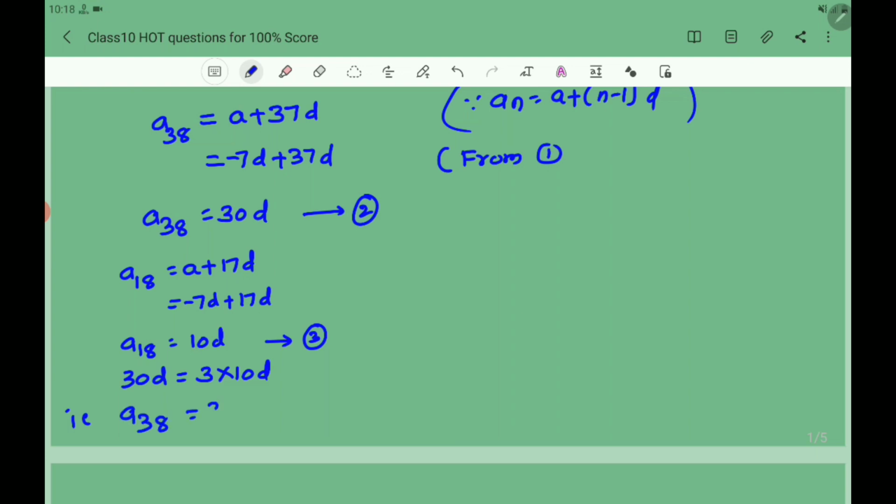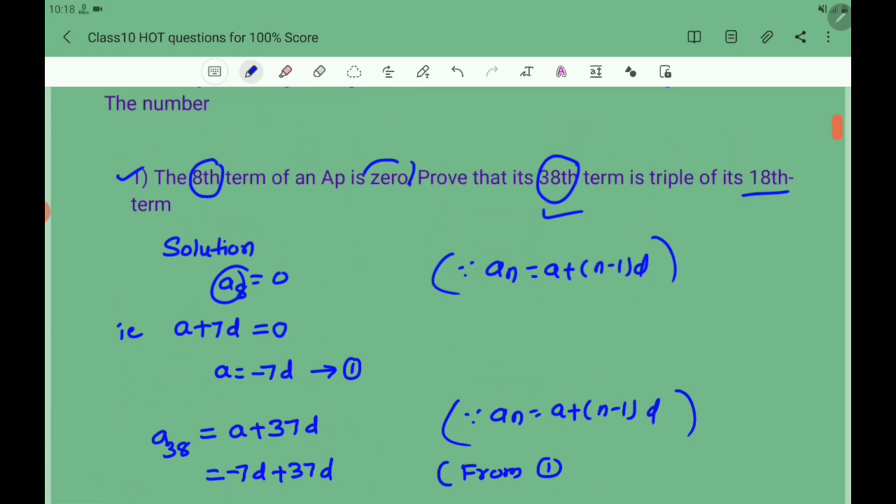That equals 3 into 10D. 10D is A18. So you write A18, that is from second and third. Here it is given 8th term is 0 and we have proved that A38 is triple of its 18th term.